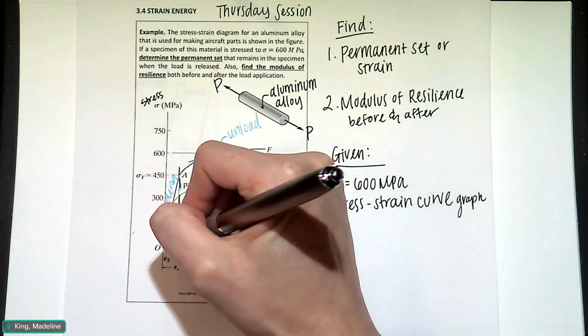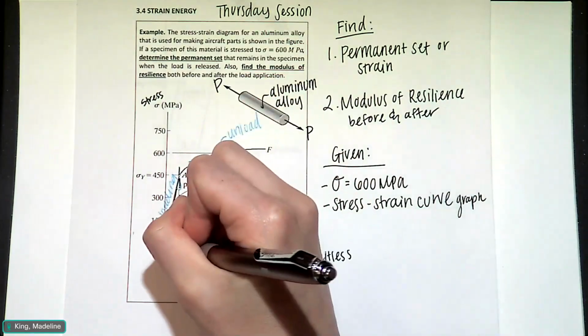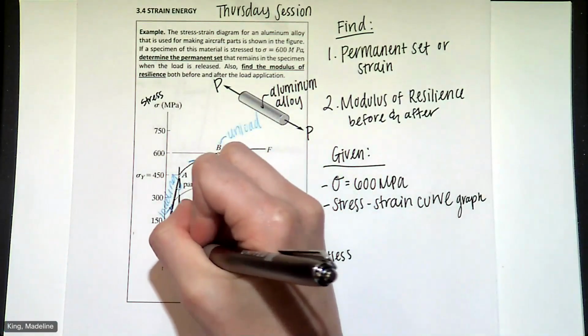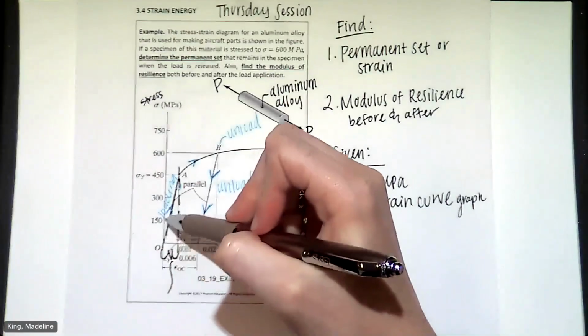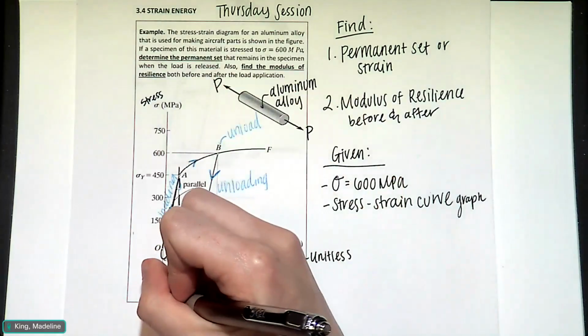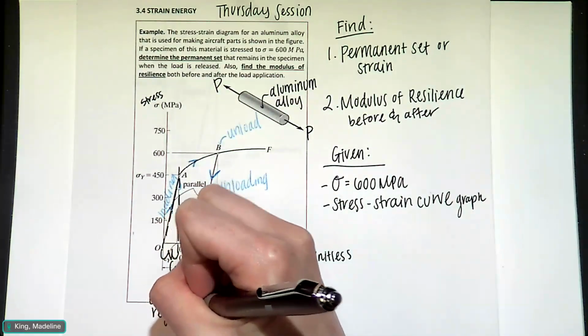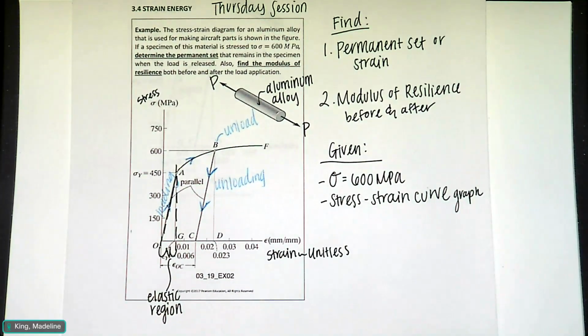And we know from class, usually our elastic region, so this whole area here, from point O to point A, that is our elastic region. So that means that our rod is taking some stress, some load, and if we take that off, it will go back to its original form.